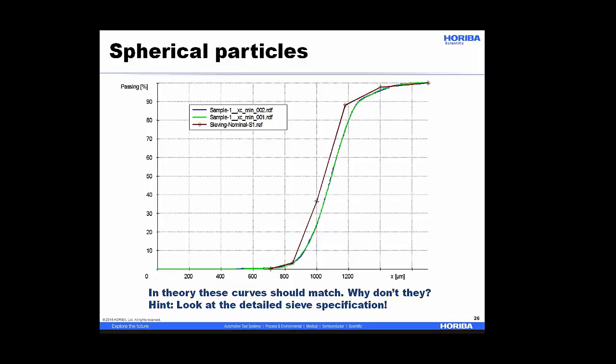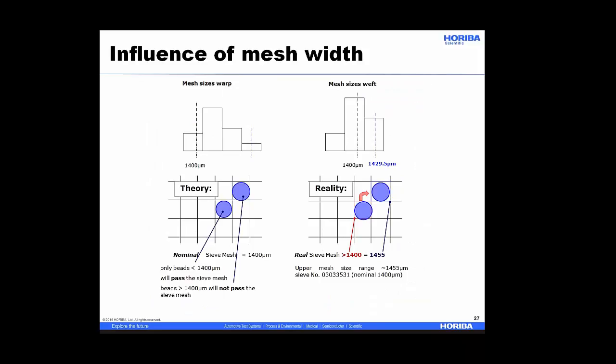Now I mentioned these are spherical particles, so you say, okay, well, the one place where everything seems to match in particle analysis is when you're measuring spherical particles. And it doesn't match very well at all. So what happened and why? Quick hint is at the bottom of the slide. I'll jump to the answer. It's the tolerance in the mesh width.